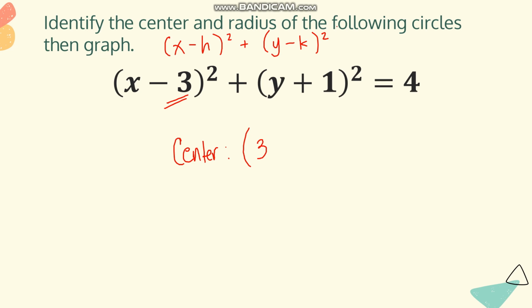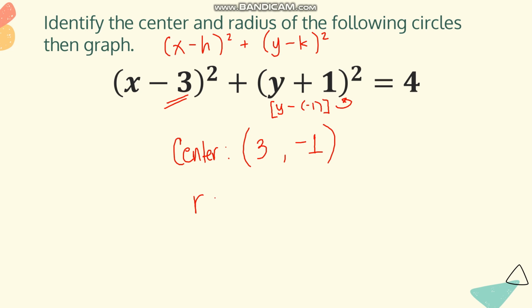We know originally that the equation is y minus k. So, therefore, k is negative 1. If you rewrite it, it will become y minus negative 1. So again, you just have to take note of the formula of the circle. If it's negative here, just get the number. If it's positive, make it negative.